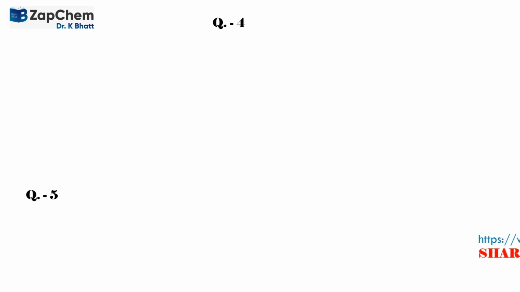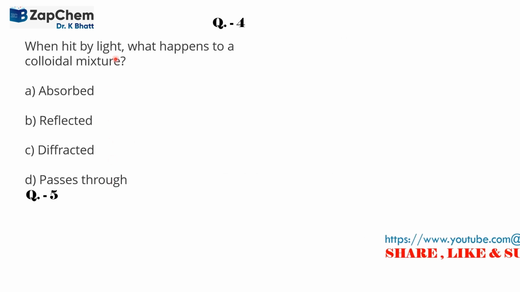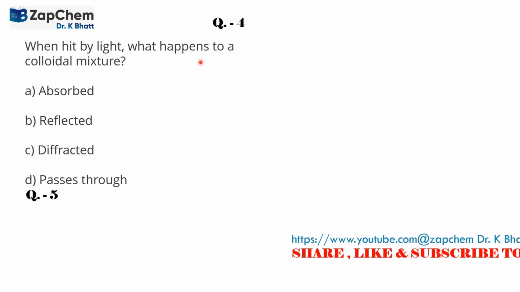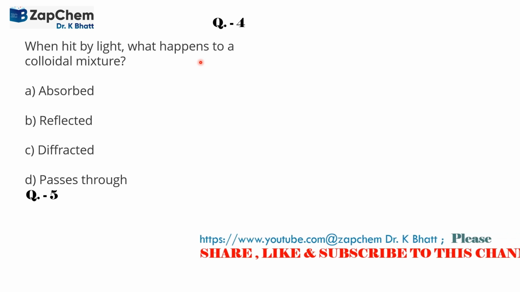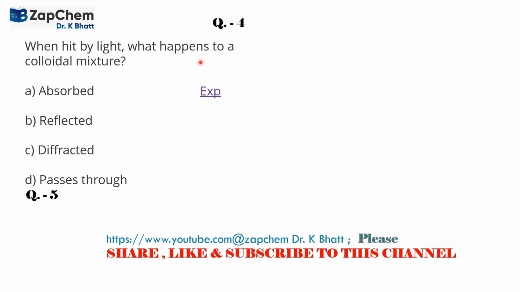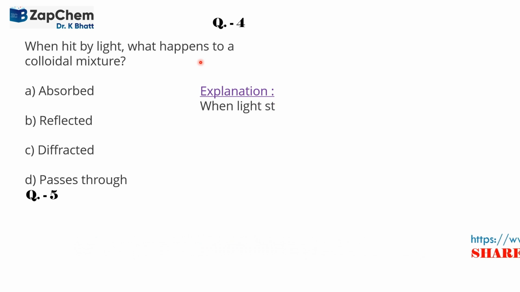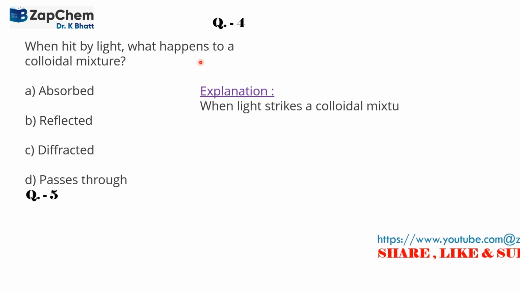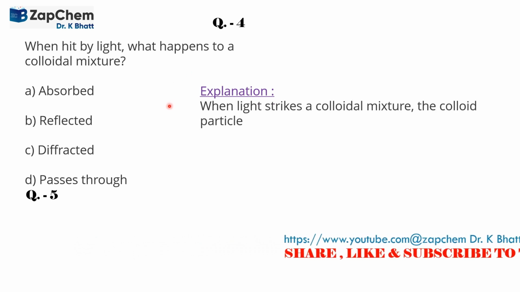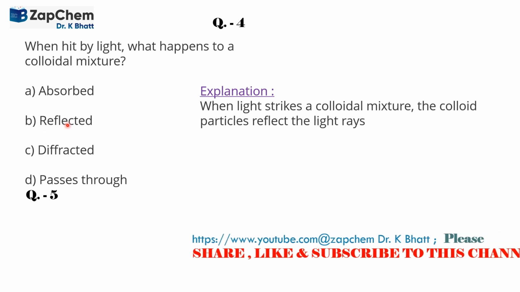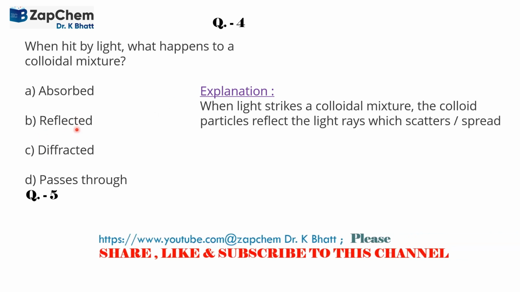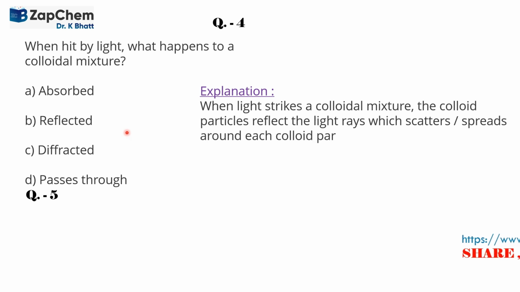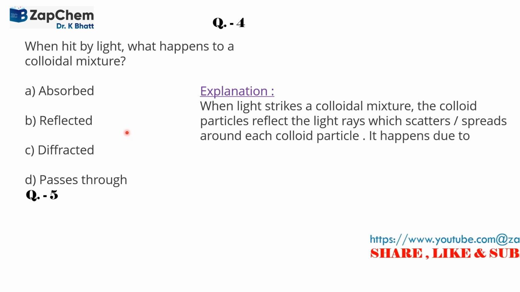Next question, similarly, when hit by light, what happens to a colloidal mixture? When light falls on a colloidal system, the light strikes the colloidal particles and gets reflected. And not only reflected, because of the size of the particles, there is scattering of light.